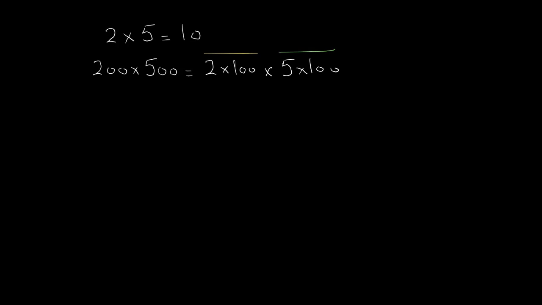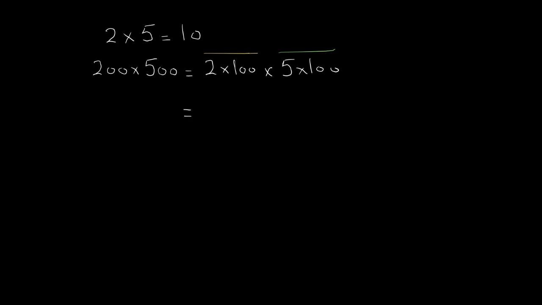But now I'm going to change the order of multiplication. You'll have to think about it. This is going to use the commutative law, and I'm going to interchange this order.